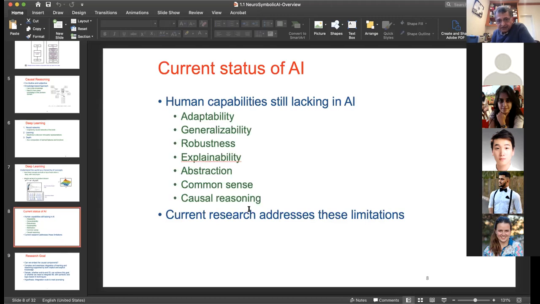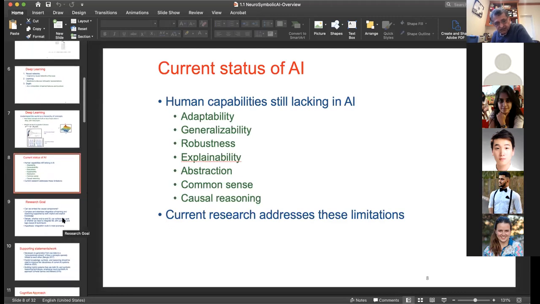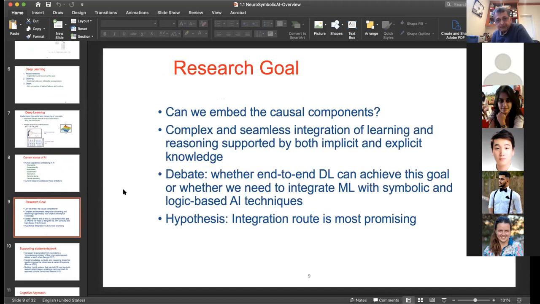And current research addresses these. A lot of deep learning is trying to solve these exact problems. There are a lot of people working on deep learning for explainability and so on. But can we do without the symbolic reasoning? That has to be incorporated. So the research goal is, can we embed the causal components?